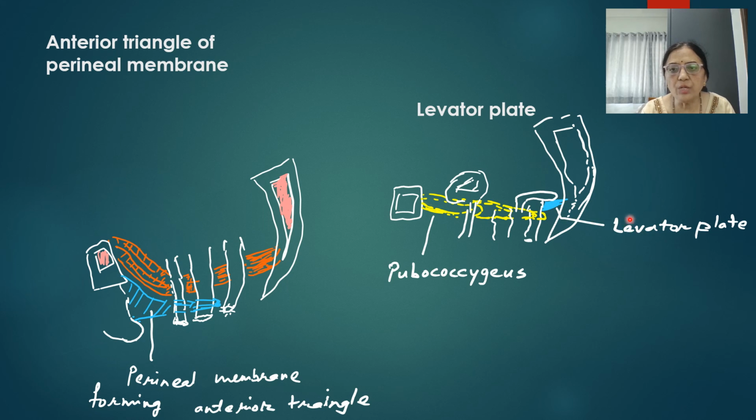So the levator plate originates from the iliococcygeus muscles, whereas pubococcygeus muscle contraction leads to the shift of all these three, urethra, vagina, and anorectal canal. All these three are shifted anteriorly towards the pubic symphysis, and behind the rectum, transversely placed, is the fusion of the iliococcygeus muscles with each other in the midline, forming a fibrous band that is called the levator plate.